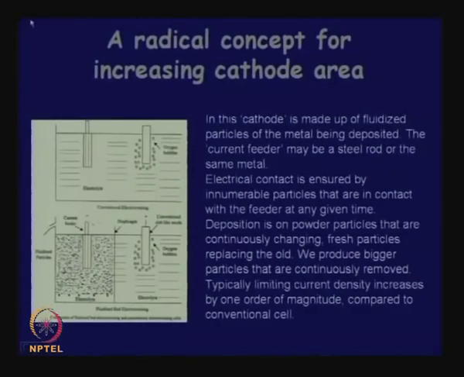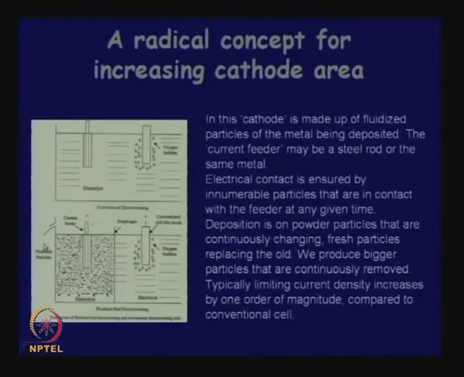Now, where is this metal going to be deposited? It is not on that surface. The surface is not there. There is no planar surface for deposition. What we had initially an electrode surface, here it is only a current feeder, maybe a sheet of the metal, maybe a rod of the metal.